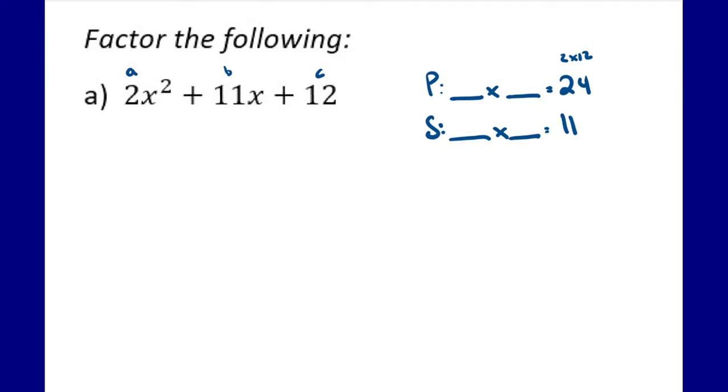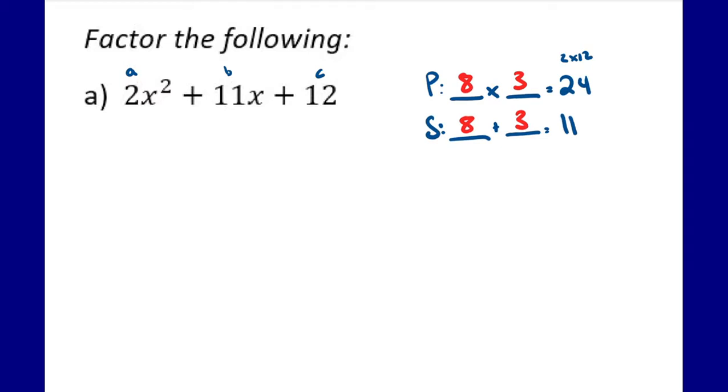So let's see what we can find. Again, trial and error, using a multiplication table, whatever the case may be, you should find that it's 8 and 3. 8 times 3 is 24, and 8 plus 3 is 11.